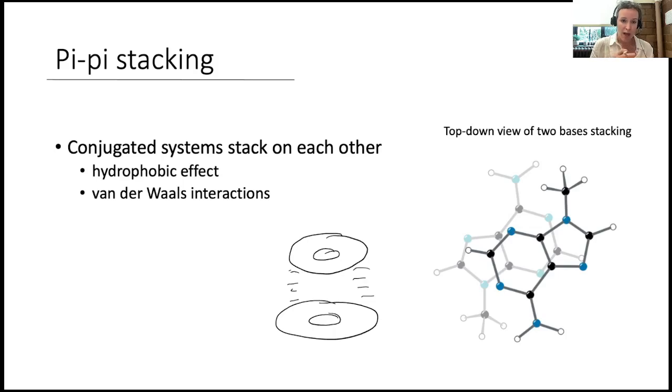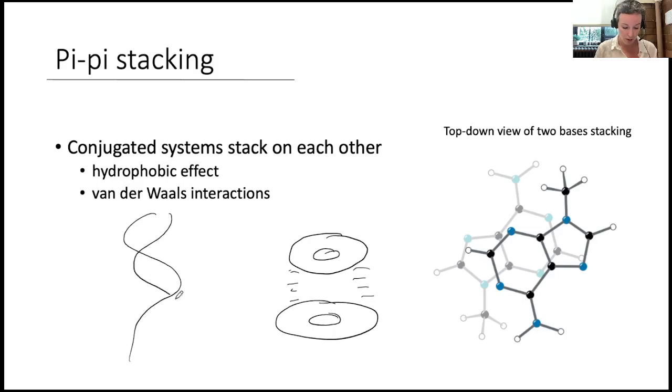Now, this type of interaction is more of a London dispersion, non-polar type of interaction, because we think of these conjugated ring systems as sharing their electrons fairly equally, so we don't have a very dramatic polarity in the conjugated ring system itself. Because this is a more nonpolar type of interaction, we can compare this to the hydrophobic effect. We have this nonpolar pi-pi stacking interaction happening.